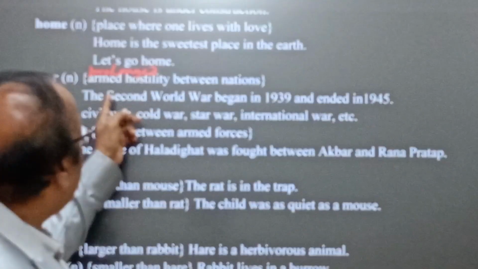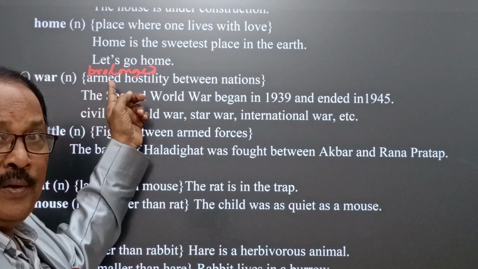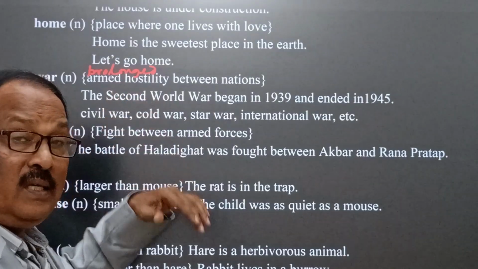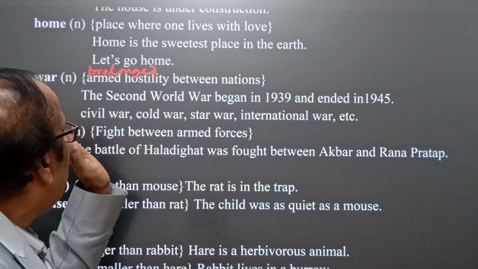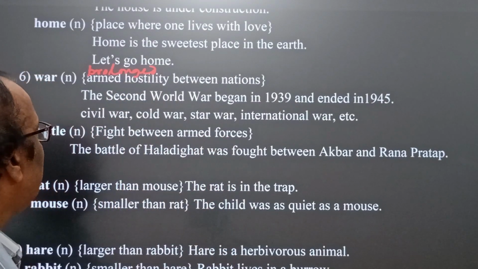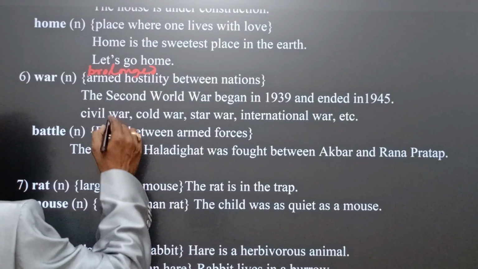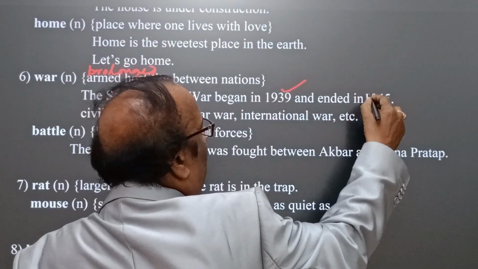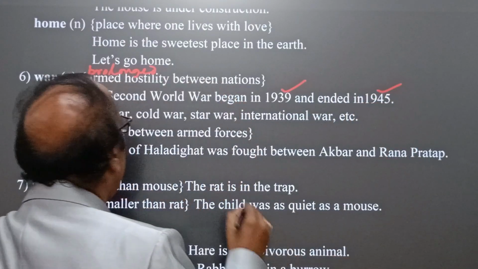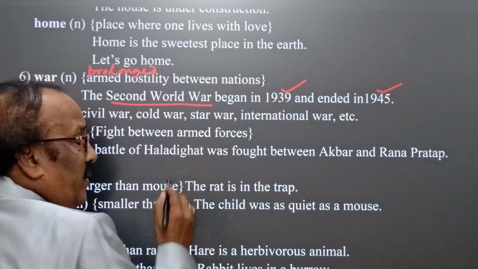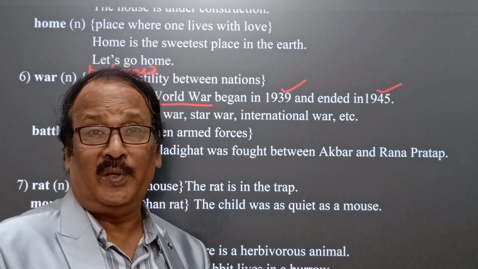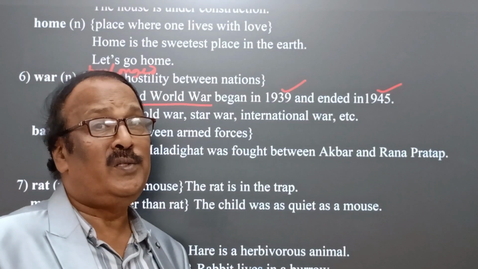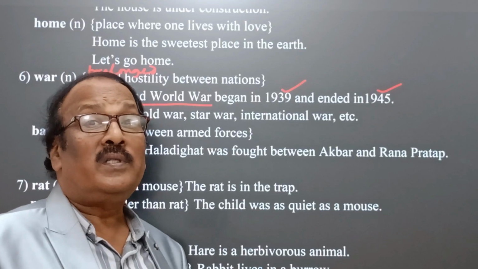In that case, this is what you call war. In this connection, the Second World War began in 1939 and ended in 1945. It was a prolonged period in which a number of states were involved.